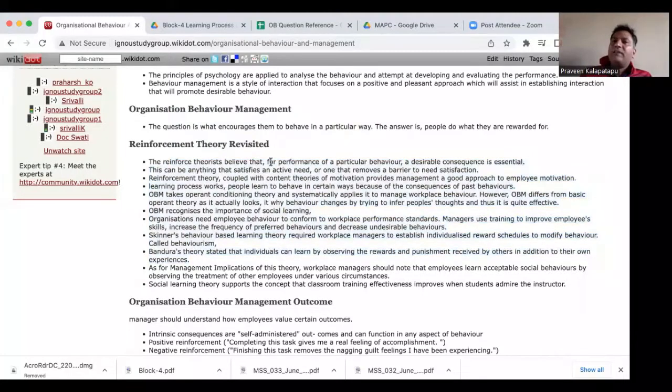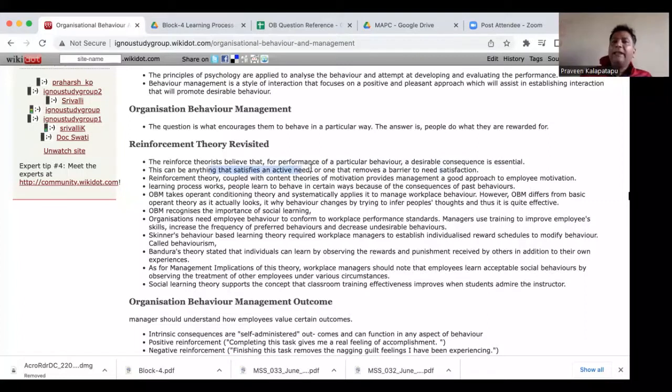Reinforcement theories believe that performance of a particular behavior for a desirable consequence is essential. So for the performance, the consequence is very, very essential. We also talked about how critical the consequence should be, right? If the consequence is relevant to the person, then only they will get involved.